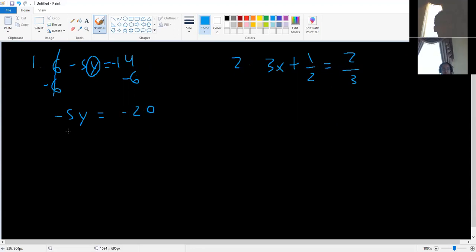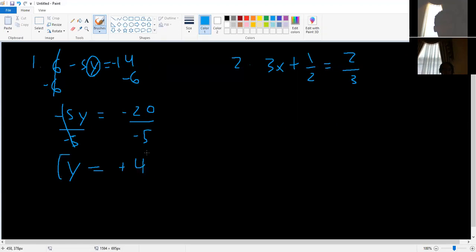Now we're trying to isolate y, so we use the division property of equality. Divide by negative 5 on both sides. The negative 5's cancel out, we're left with y. And negative 20 divided by negative 5: negative divided by negative is a positive, and 20 divided by 5 is 4. So the answer is y equals 4.